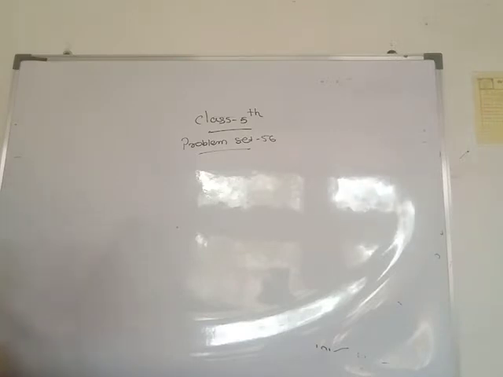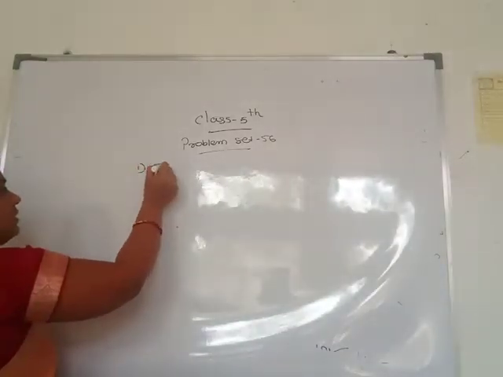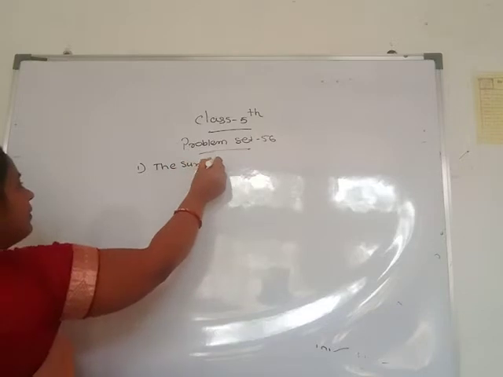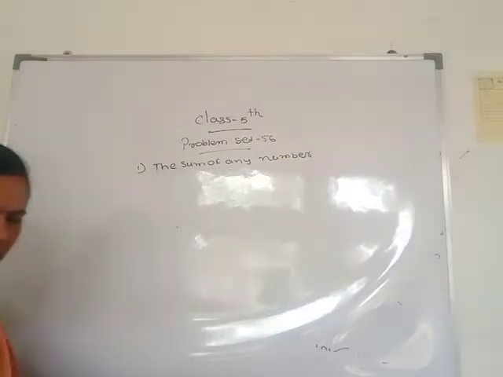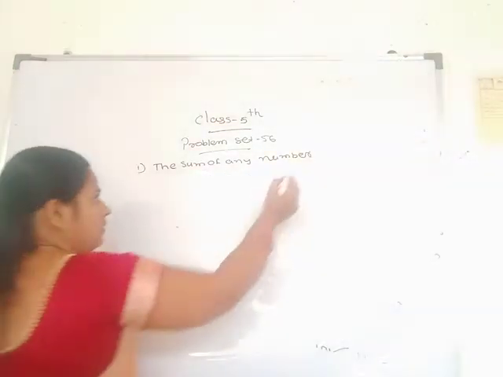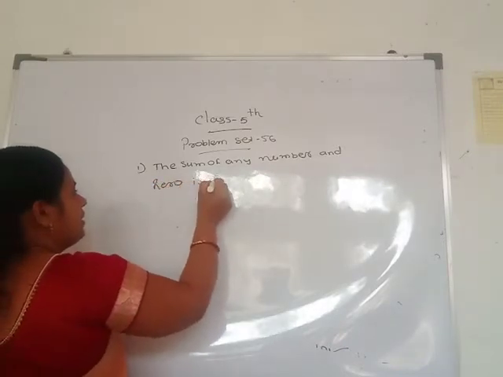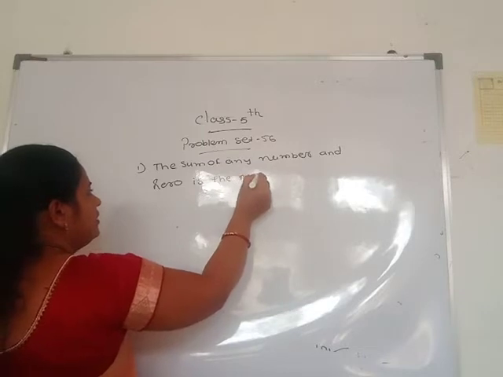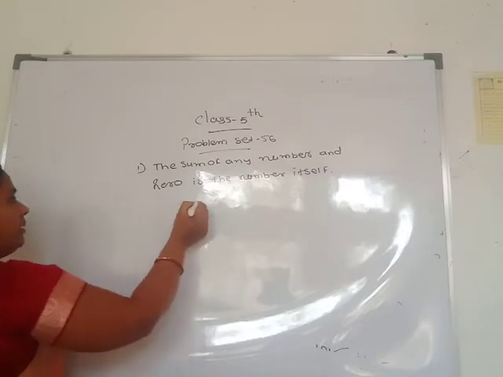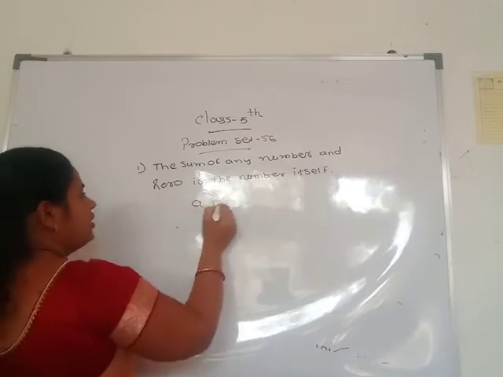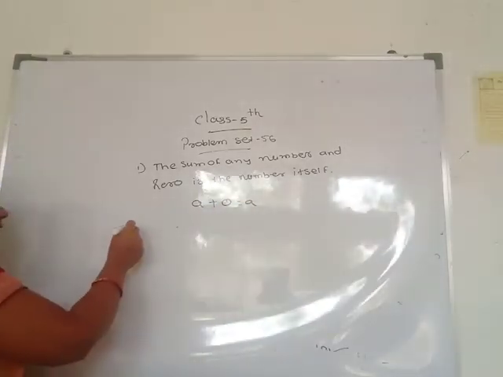The sum of any number a and 0 is the number itself. A plus 0 is equal to a.